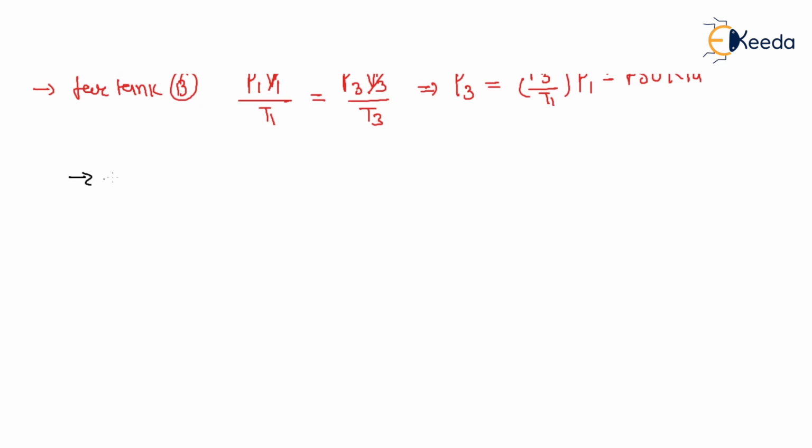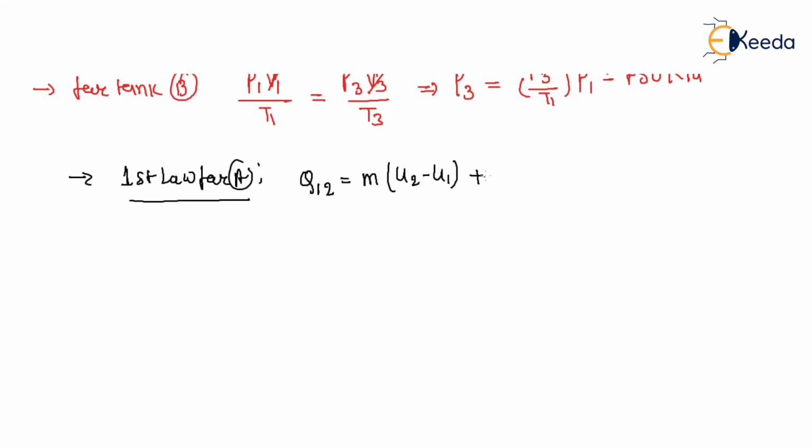Now from the first law for system A, what is that? Q1 to 2 is equal to m(U2 minus U1) plus W1 to 2. There is a rigid tank, so the work is 0.